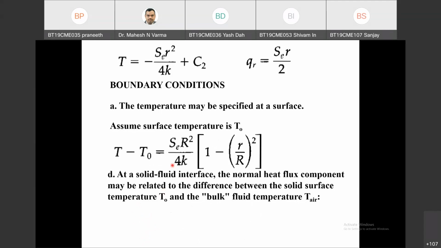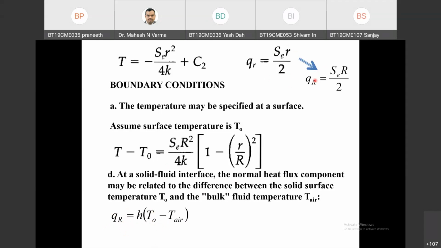Using Newton's law of cooling. Now I will use this modified boundary condition, the solid-fluid boundary condition, where Newton's law of cooling gives: flux at R equals heat transfer coefficient times (T0 minus TA). Using this, I can estimate T0 in terms of TA.